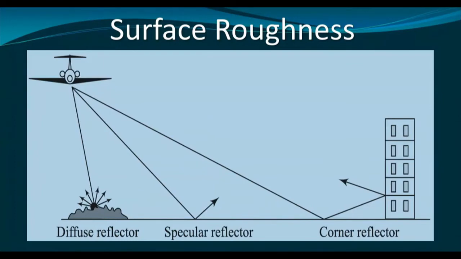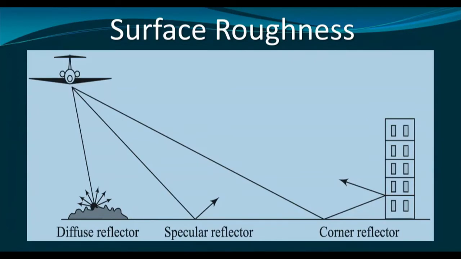But if the surface is smooth, in that case, the energy will be directed opposite to the incoming direction, and there will be no energy directed towards the sensor. As a result, these areas will appear comparatively darker.